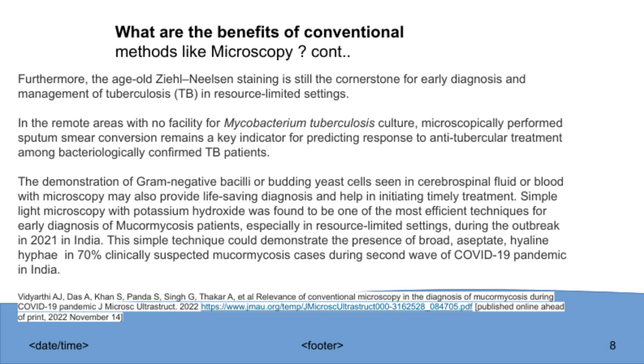In remote areas lacking facilities for Mycobacterium tuberculosis culture, sputum smear microscopy becomes even more critical. It serves as a key indicator for predicting how well a patient is responding to antitubercular treatment, particularly among those who are bacteriologically confirmed.